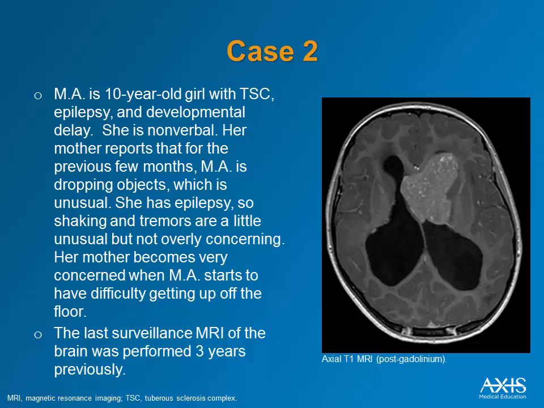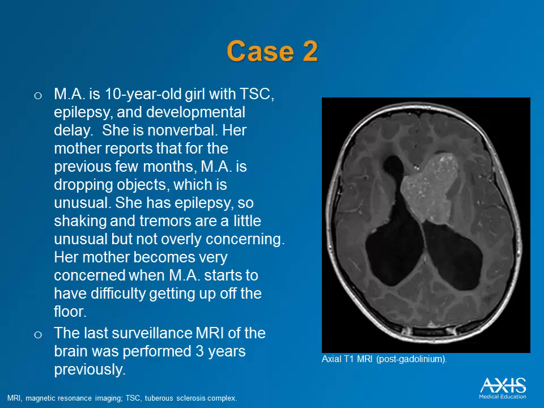Because of the diagnosis of epilepsy, when mother brought this to the attention of the neurologist, it was felt that she was dropping things because of shakiness, and the clinician was not overly concerned. But mother still continued to harbor these concerns about how her child was doing, and when it progressed to the point where her child could not get up off of the floor, mother brought her to the emergency room.